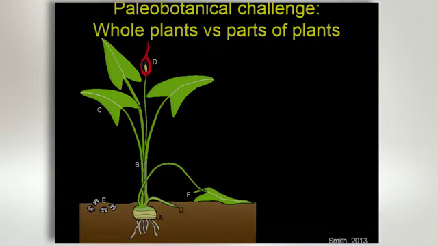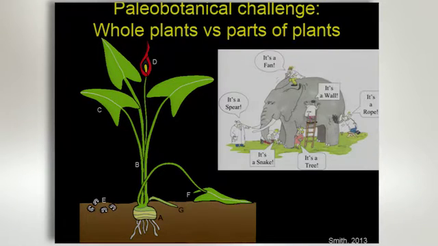So one of our challenges as paleobotanists is that, unlike neobotanists, we don't tend to get whole plants. So we love it when we get whole plants, but usually we're dealing with just individual parts, right? And we have to identify those and put them into context without having the benefit of the whole plant, unless we're really lucky and have exceptional preservation.